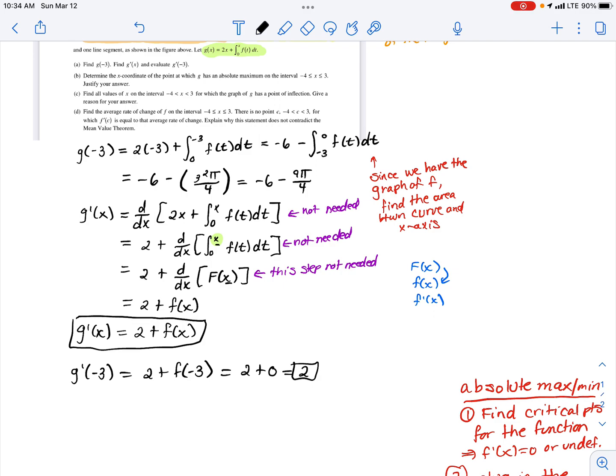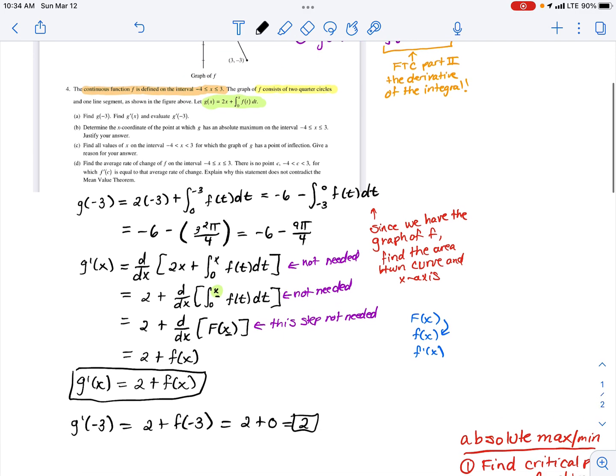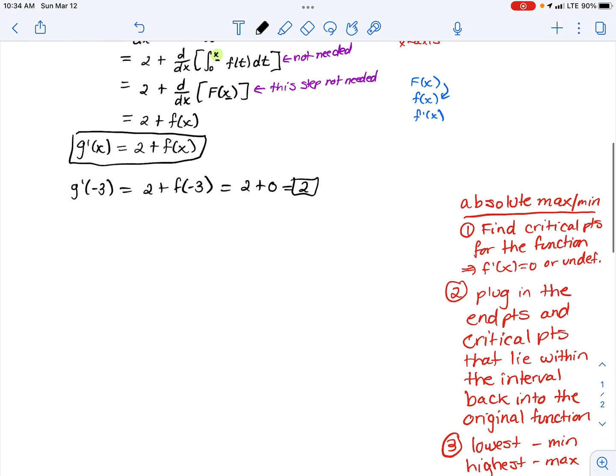Okay, so I need to actually find the critical points for G. So I need to find when G prime is equal to 0. G prime of x is equal to 2 plus f of x, right?